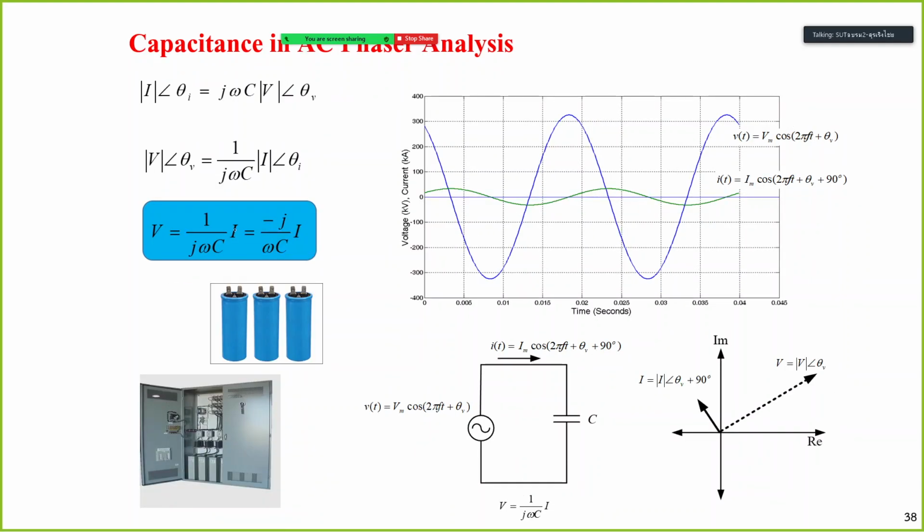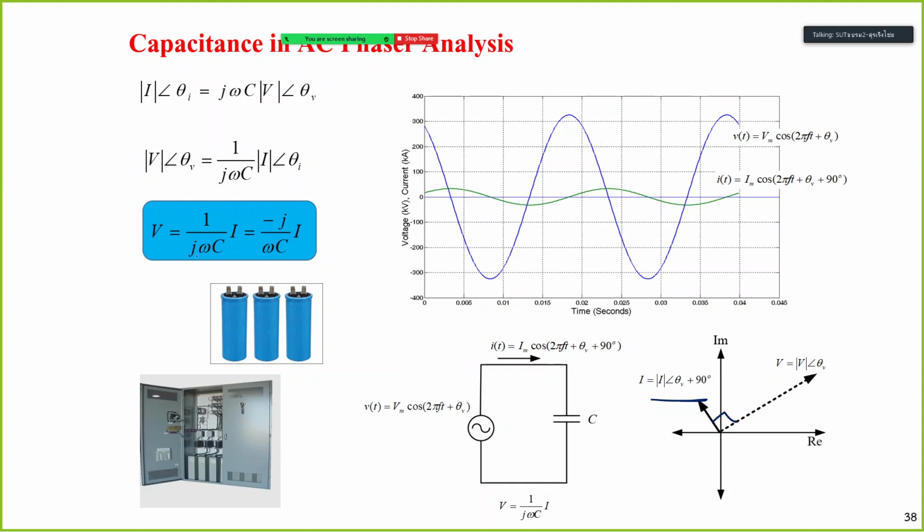Okay, and the capacitance will also shift the current and voltage to each other by 90 degrees. But for the capacitance, the current will lead the voltage by 90 degrees in this case, right? Okay, I will show the summary of the formulas later.